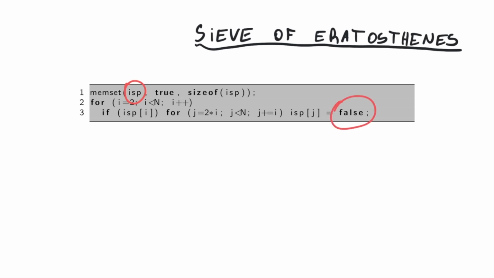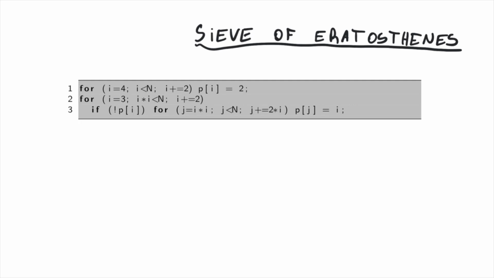But we can actually do much better. First, we can start by marking all multiples of 2, and then we can move 2 by 2. Then, instead of storing at each position j whether the number is prime or not, that is true or false, we store the number i that we found as a divisor of j.